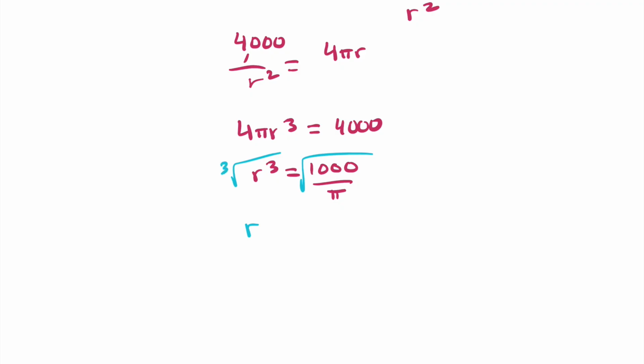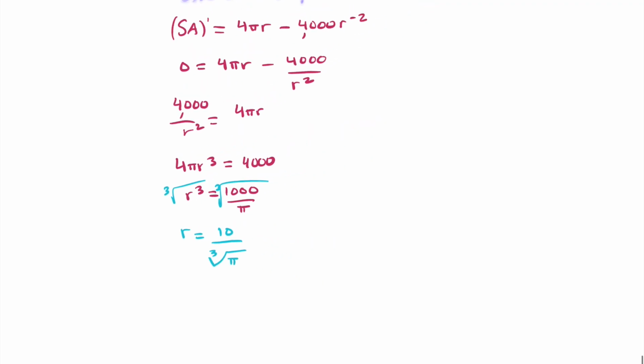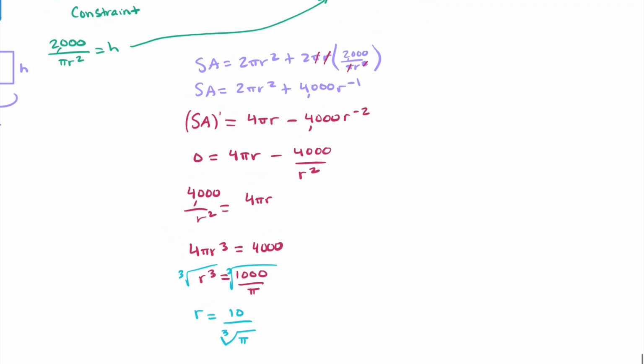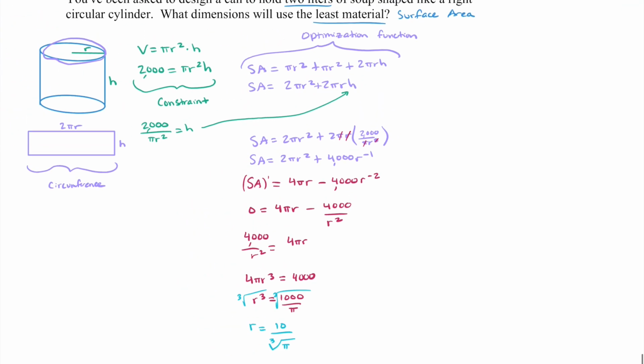So r is equal to the cubic root of 1,000, which is going to be 10, but this pi here is a cubic root of pi. All right, so we have a location that we're thinking is going to work. It's going to be r equals 10 over the cubic root of pi.